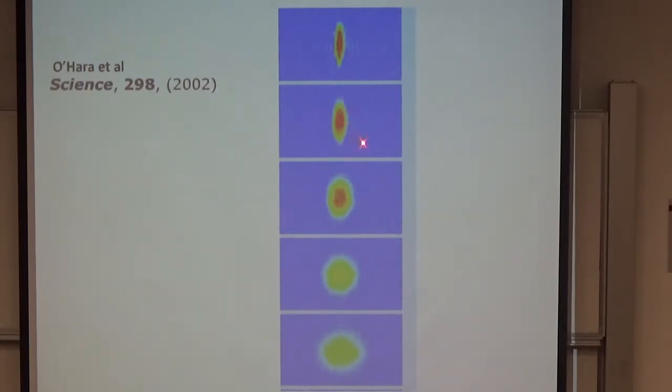The pressure is zero outside and some pressure in the middle, so the pressure gradient in this direction is much larger than in that direction. Since the pressure gradient in this direction is much larger, you only expand in this direction. So this is typical of the collective behavior of a liquid.